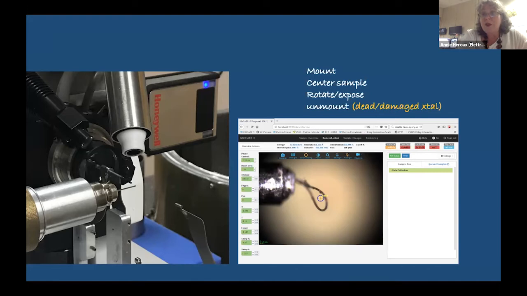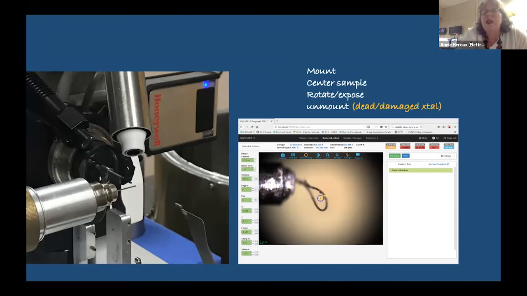We are not a facility that runs very fast. This is fast, but not like the new facilities at Diamond or ESRF, where the crystal data collection will be less than a minute.